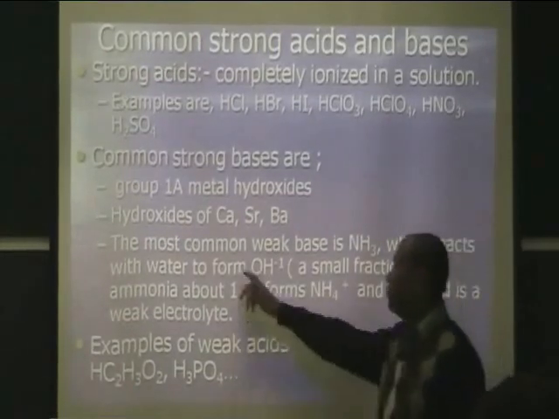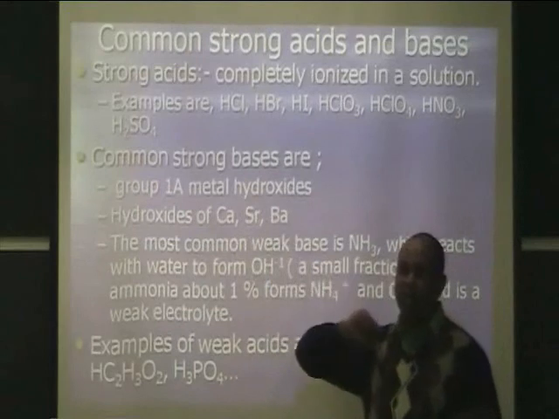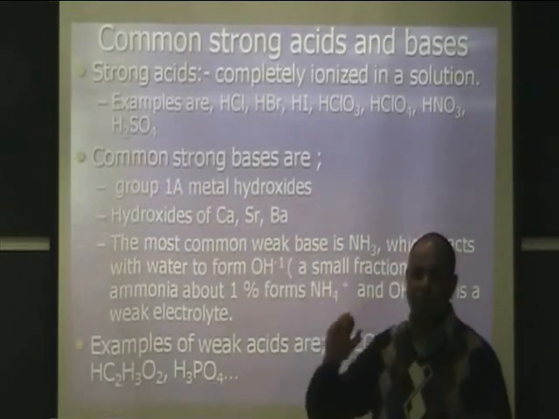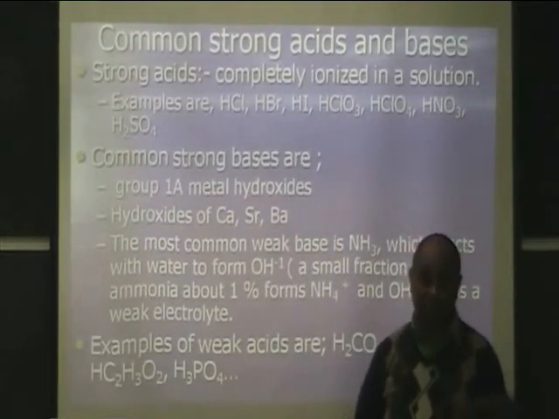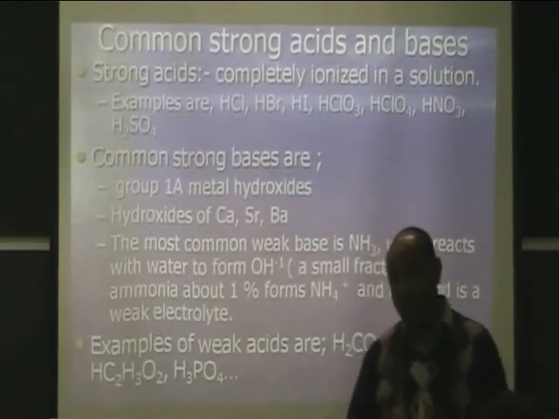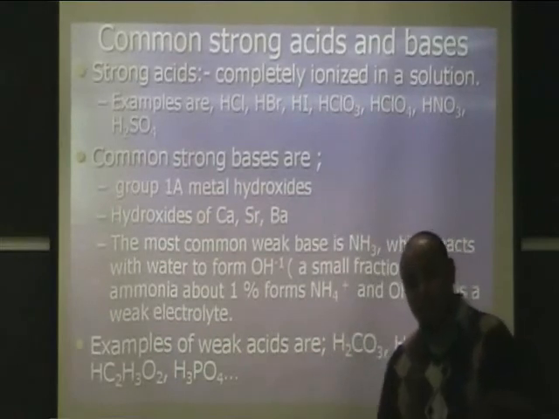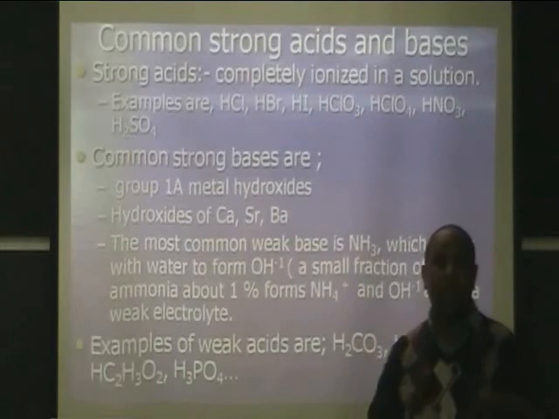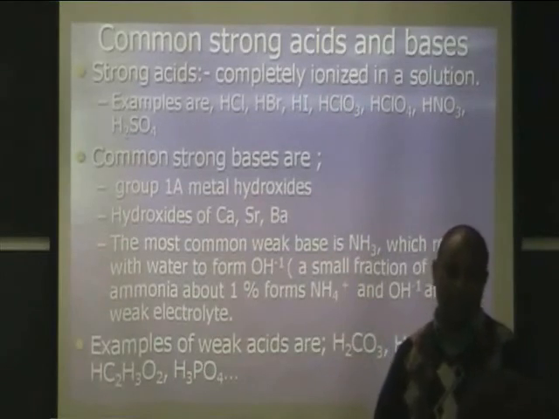I can also give you calcium hydroxide. How do you define calcium hydroxide? It's a base. You agree with me? Calcium hydroxide is an ionic compound, it's also soluble in water, and it's also a base. It's also a strong electrolyte. It's also a strong base.